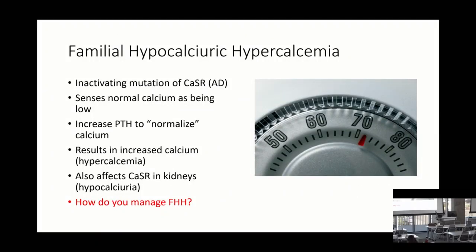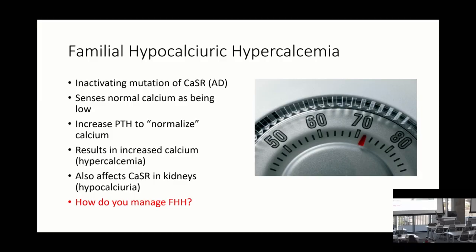And then FHH, familial hypocalciuric hypercalcemia. This is an interesting disease condition where you have an inactivating mutation of the calcium sensing receptor, an autosomal dominant inactivating mutation. Like we talked about, the calcium sensing receptor is responsible for telling the parathyroid gland what the calcium level is, and if it's low, it will tell the gland to make more parathyroid hormone.